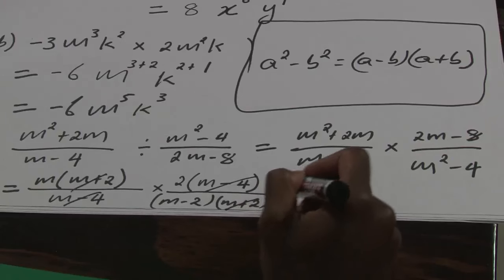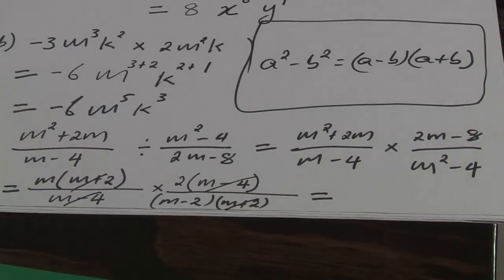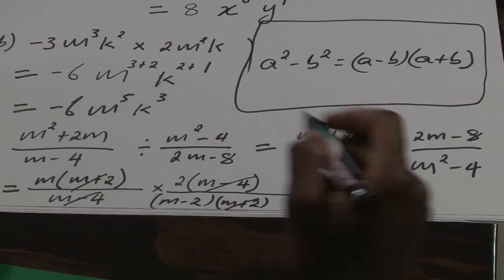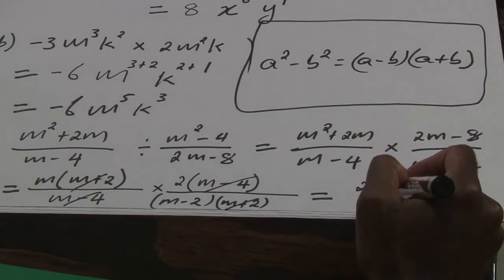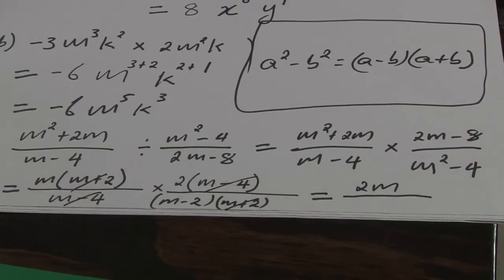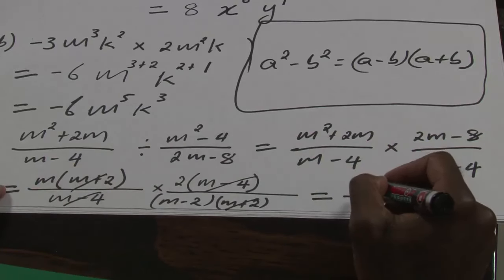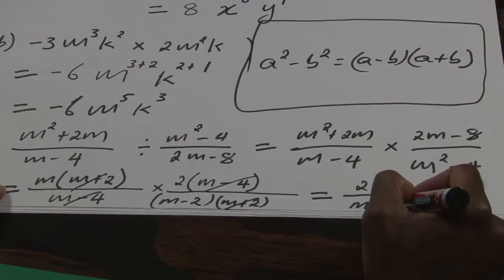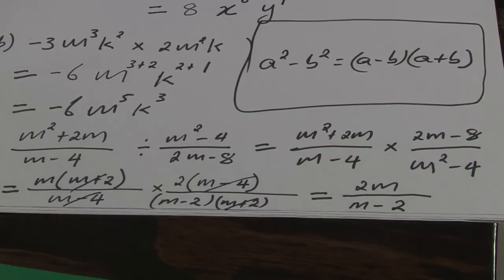And therefore, in the end, what you have on top, you just have m multiplied by 2, which gives you 2m. And then in the denominator, you are only left with m minus 2. And that is your expression, your algebraic expression in its simplest form.